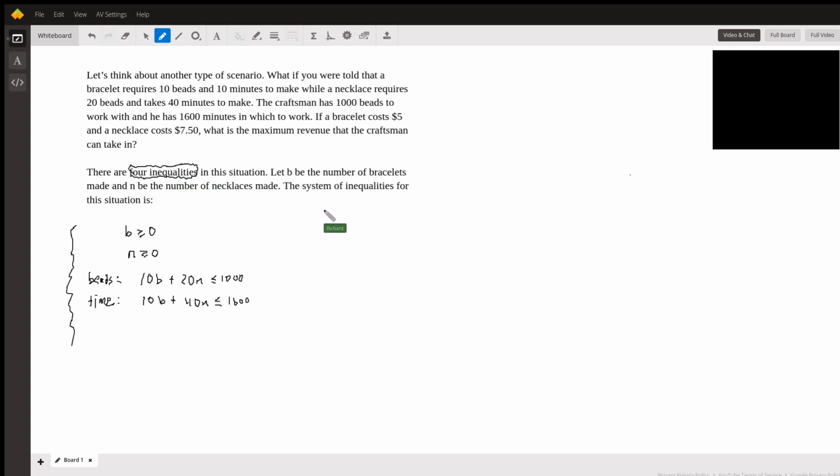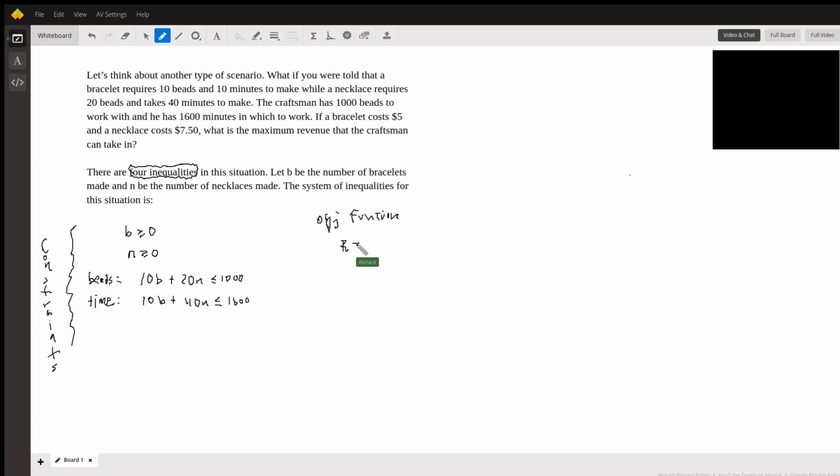So now we want to have something called the objective equation, the objective function, which is what we're trying to maximize or minimize. And usually, what you're trying to do is maximize your revenue. So these are our constraints, and our objective function is here, which is revenue.